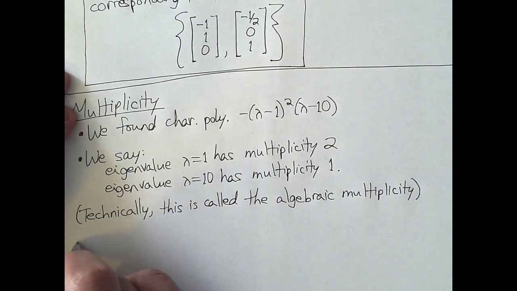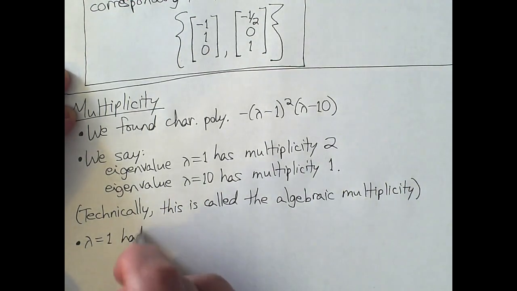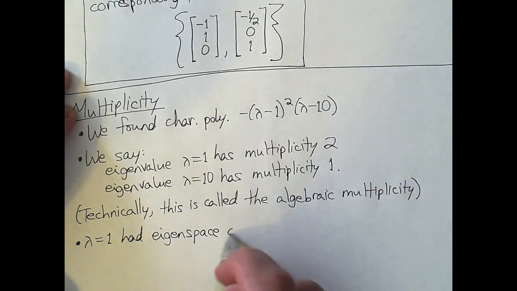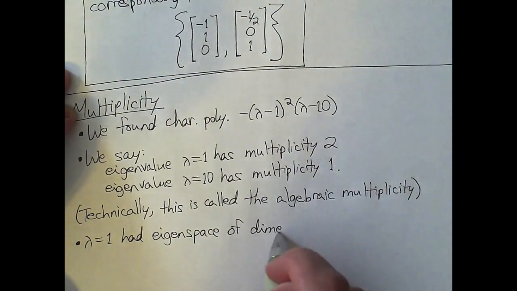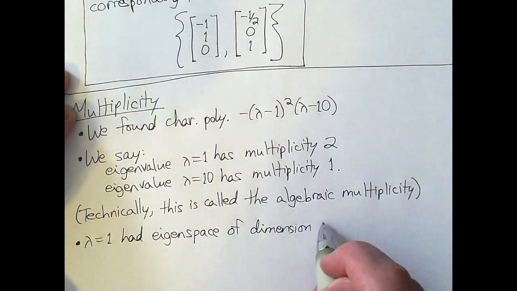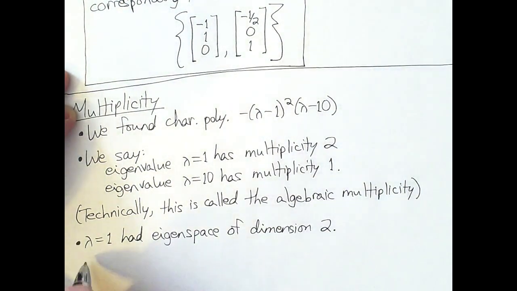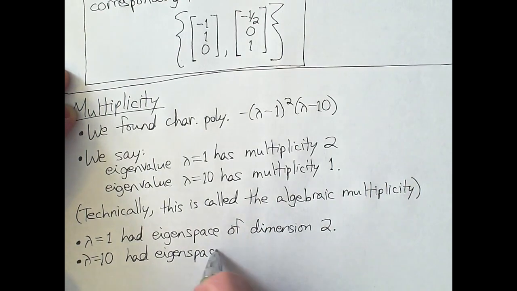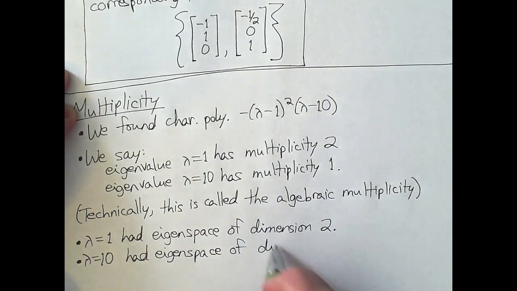All right, let's talk about this. Lambda equals 1 had an eigenspace of dimension 2, which technically I'm saying is the geometric multiplicity. Lambda equals 10 had an eigenspace of dimension 1.